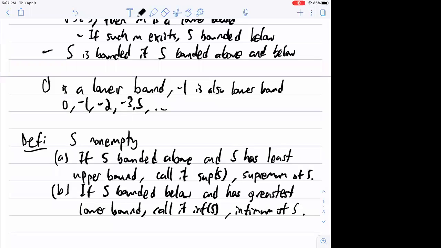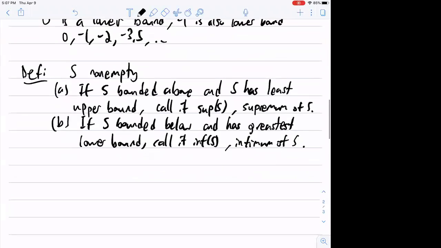So above, although -1, -2, -2.5 are all lower bounds, 0 is the inf, the biggest one out of all of them. We'll do examples of finding infimum and supremum of sets soon.